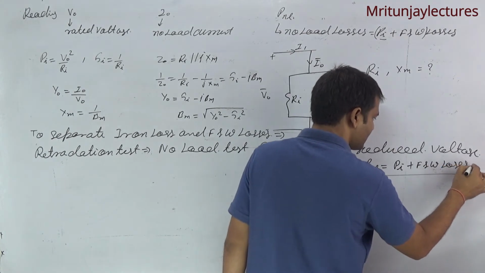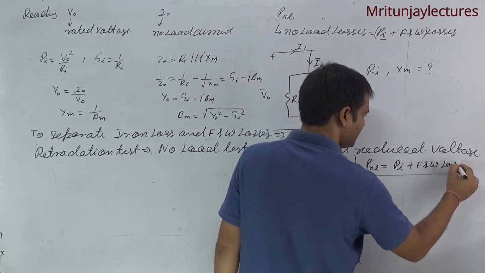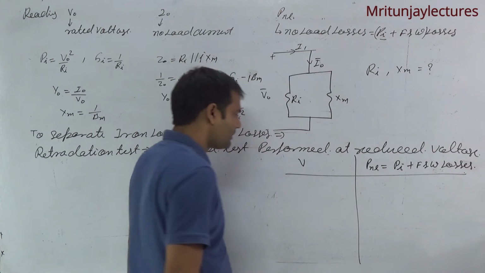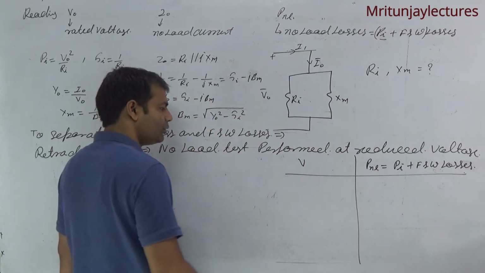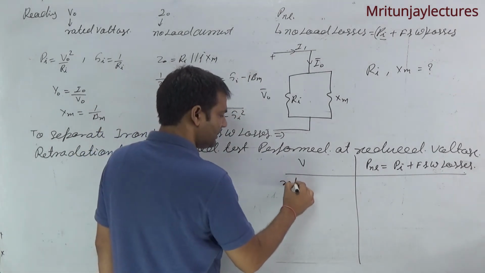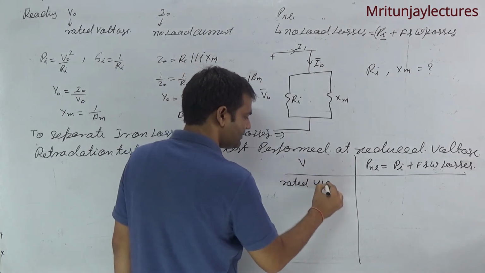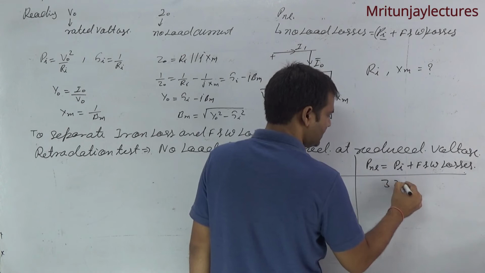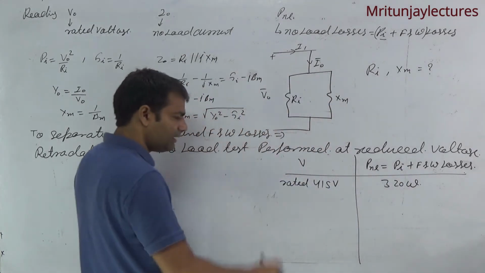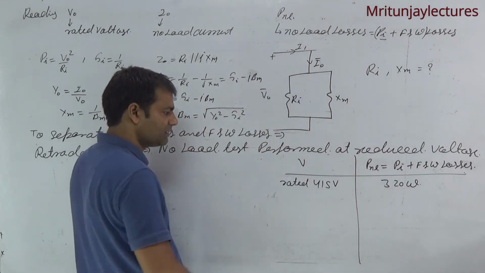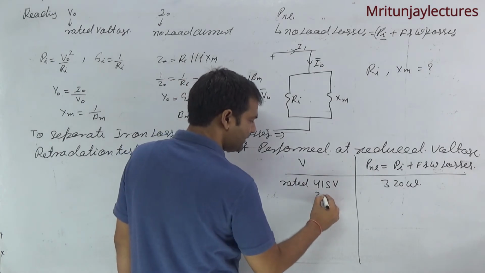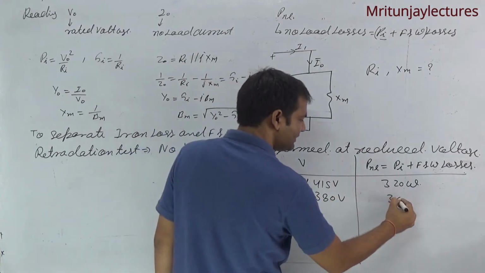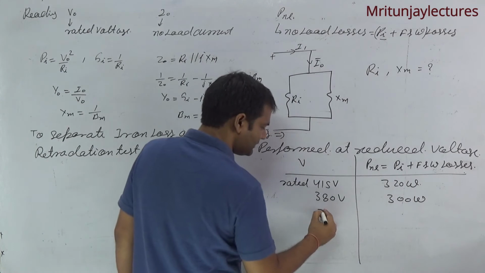Clear? Suppose at rated voltage 415 volt, what about the losses? Suppose 320 watt. Clear? If the voltage is reducing, like 380 volt, that is 300 watt.